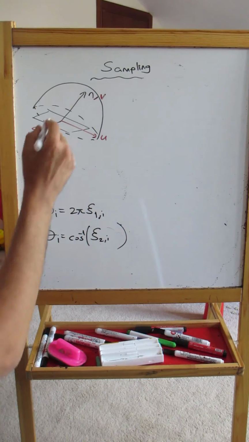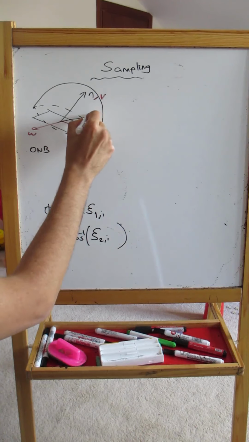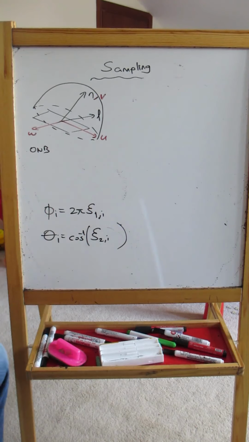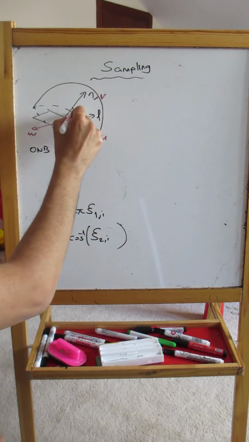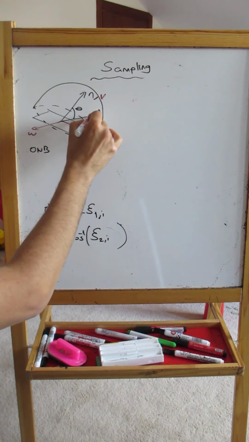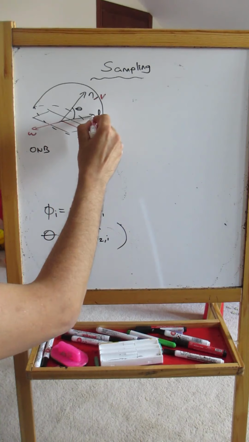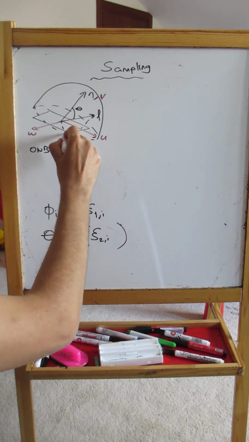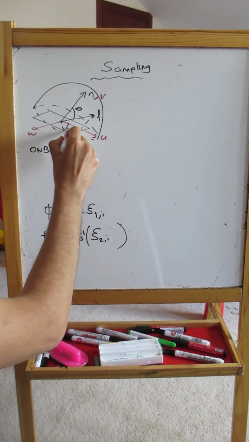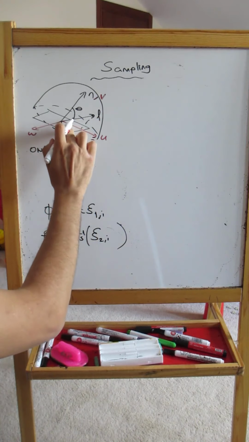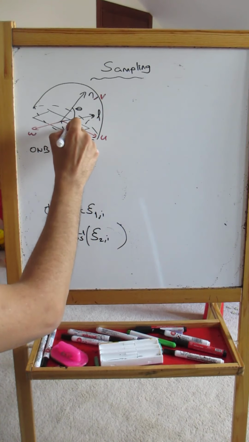Then for any vector L here, this is theta, and let's project this here, and this is going to be phi.